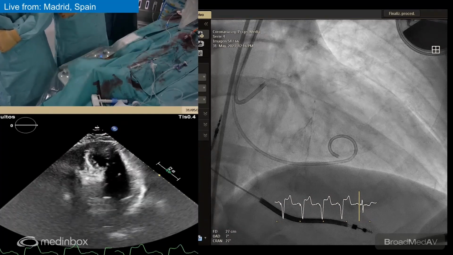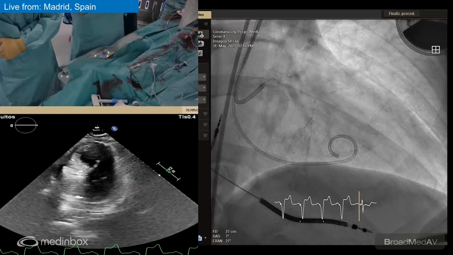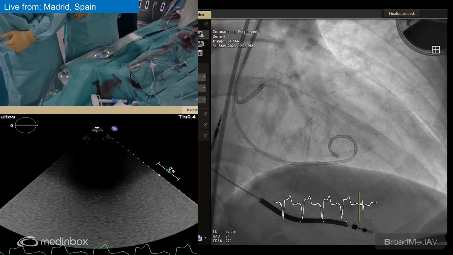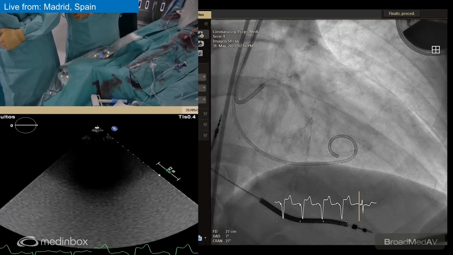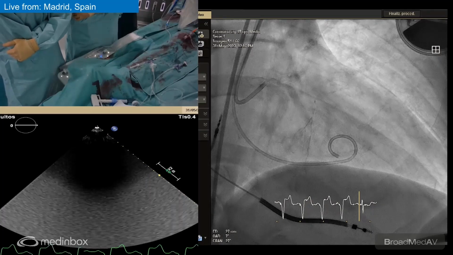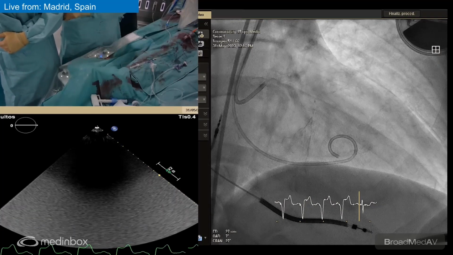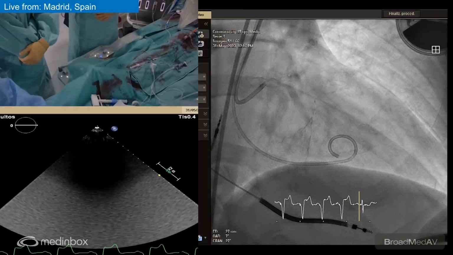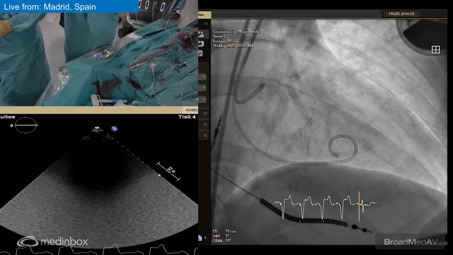Yeah. There's a rule. According to the thickness of the basal septum, near 25, between 25 and 30, I think at least 2.5 milliliters of alcohol is a rational approach. It's 1 milliliter per 10 millimeters of septum, no? More or less.